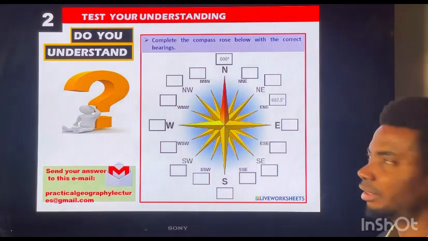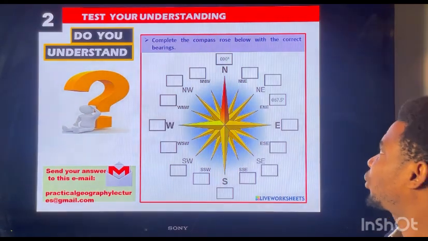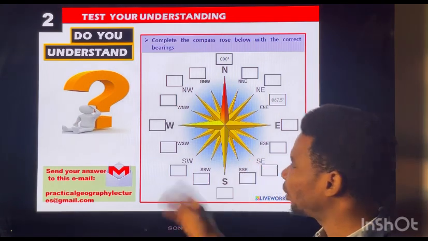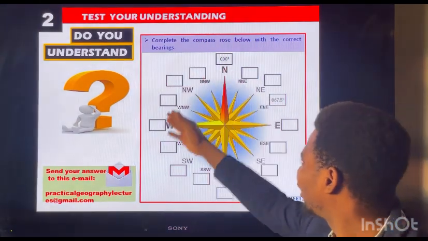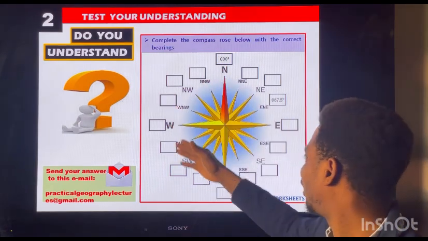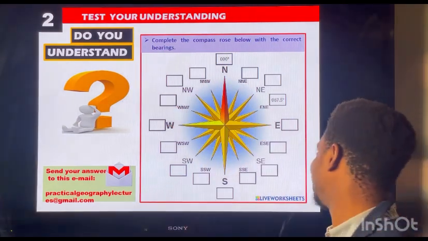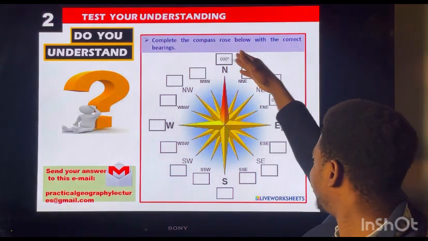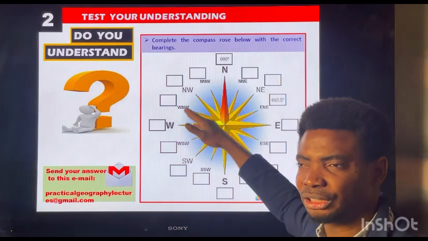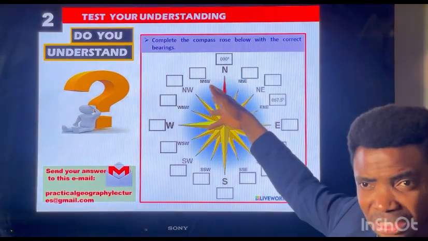The second one is this. Test your understanding. What exactly do you understand? This is a puzzle for you, a worksheet, and it consists of all the 16 cardinal points. I want you to attempt it.